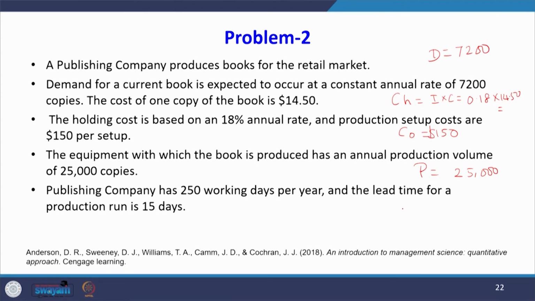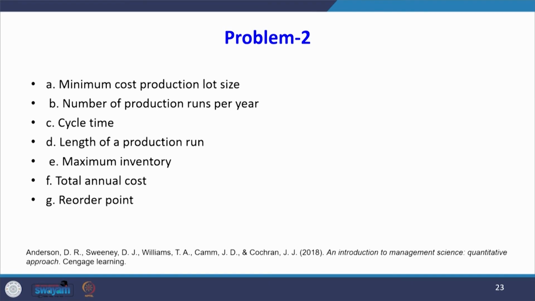So, lead time is given and the number of working days is also given. What we have to find out: the minimum cost production lot size Q star, number of production runs per year, cycle time, length of the production run, maximum inventory, total annual cost and reorder point.